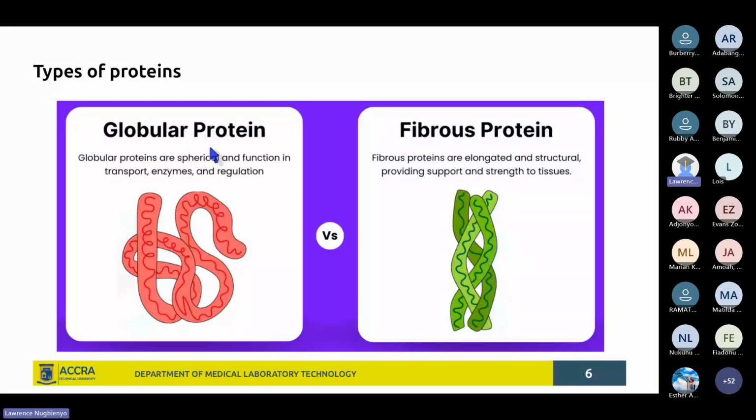Because the fibrous proteins, those are fibrous.